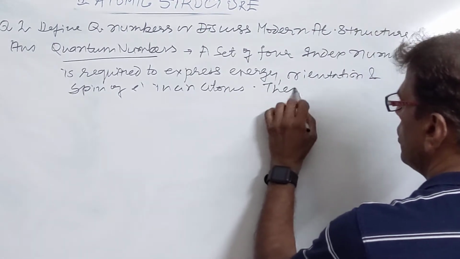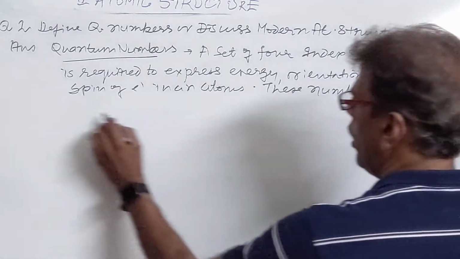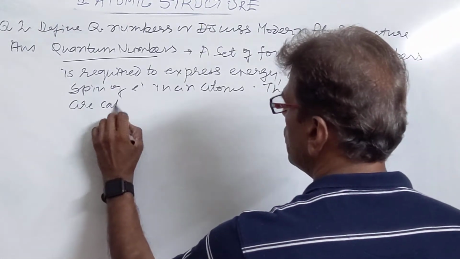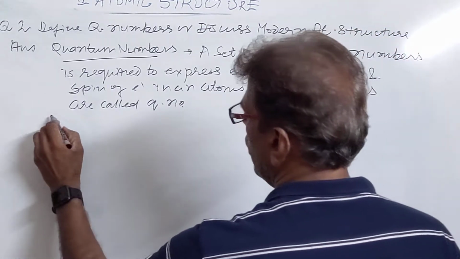These numbers are called quantum numbers. They are 4 in number.